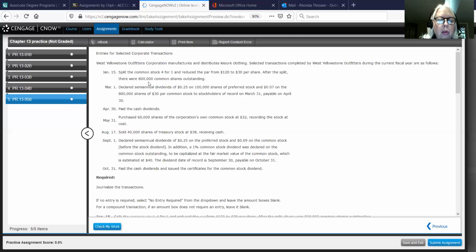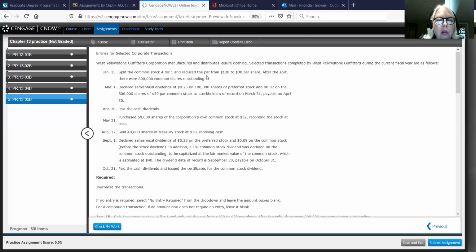So they had 200,000 before the split. If they split it 4-to-1, they're going to have 800,000 shares of common stock that are issued and outstanding. This makes the stockholders happy because they actually have the same amount of shares, but it also will stimulate the sale of the stock because it will allow the market price to become lower.